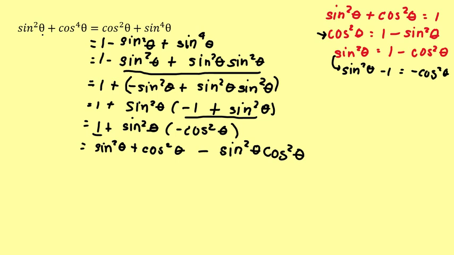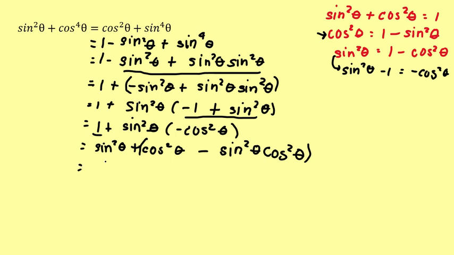I'm seeing sine squared theta here, and I can factor sine squared theta also here, right? Can we do that? Let's see. No, I can't do that because this is not a term. We have two terms here. So I can associate these two, and these two terms have one common factor, which is cosine squared theta.